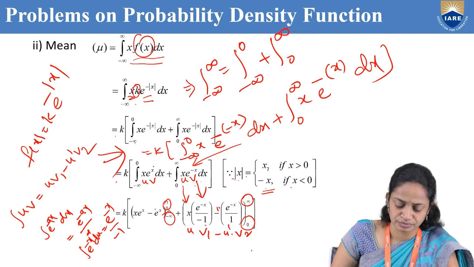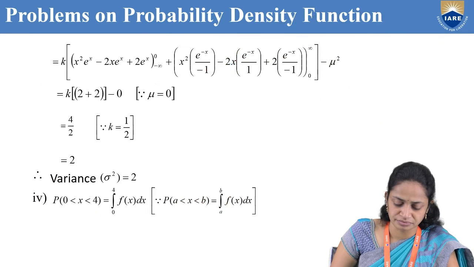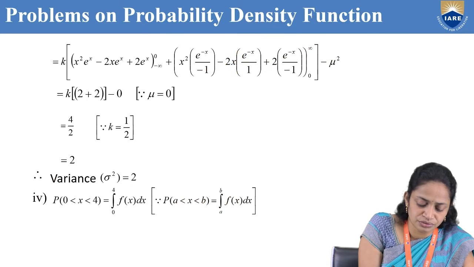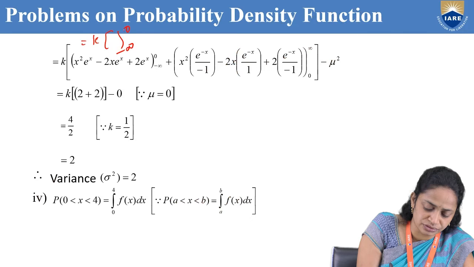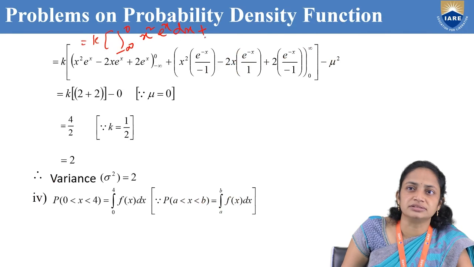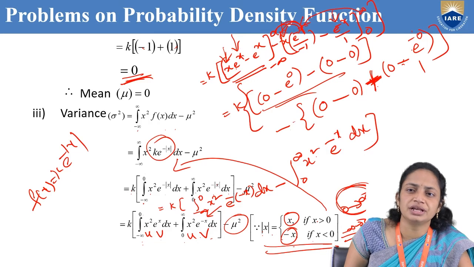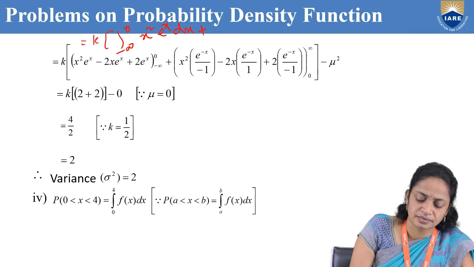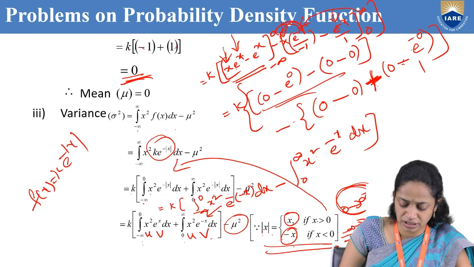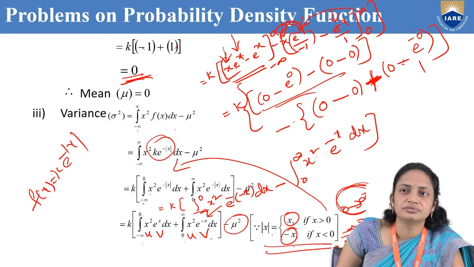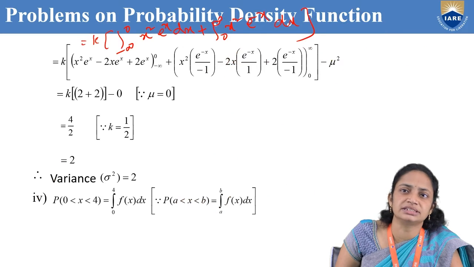Okay. So for this I am writing. So this will be in the form of k into integration over minus infinity to 0 x square e power x dx plus integration over 0 to infinity x square e power minus x dx.